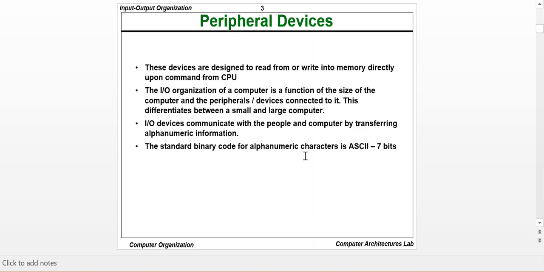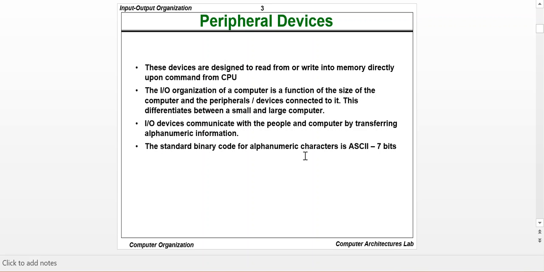There are many non-printable characters on your keyboard, like backspace, enter key, shift key, control key, alt key. For all of these you have a 7-bit alphanumeric code which is called ASCII code.